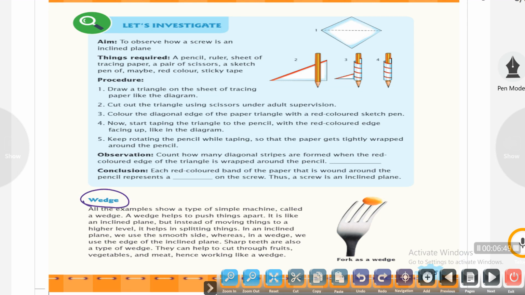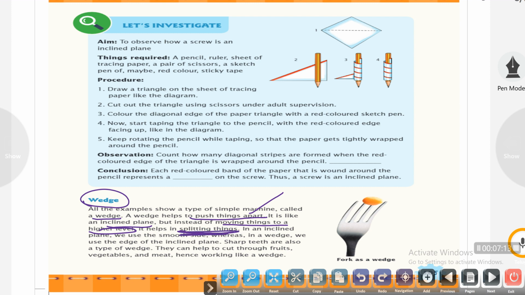Next one is wedge. Wedge helps to push things apart. Apart means to separate. It is like an inclined plane, but instead of moving things to a higher level, it helps in splitting the things.